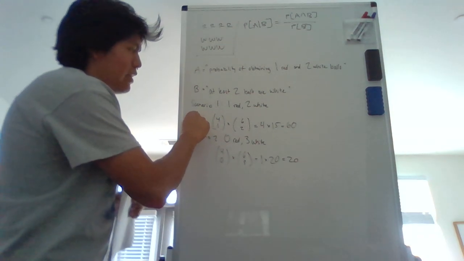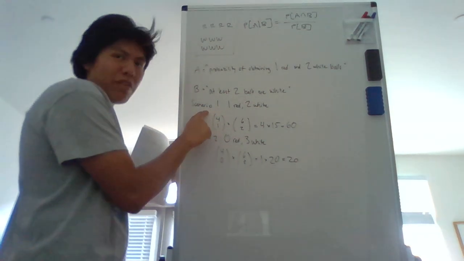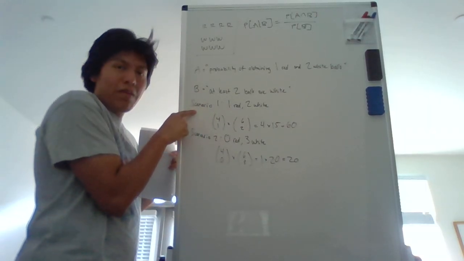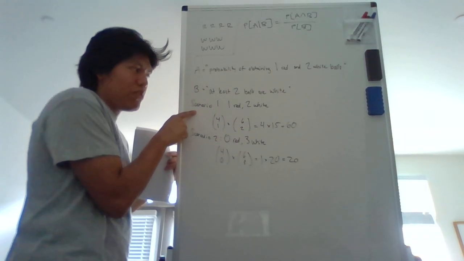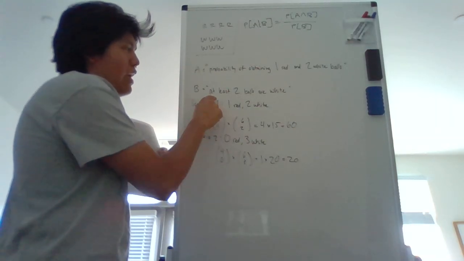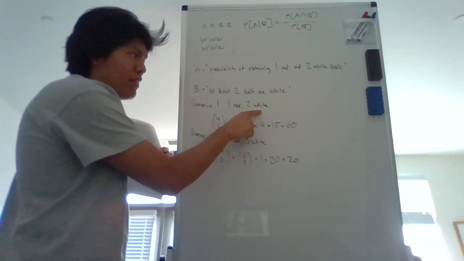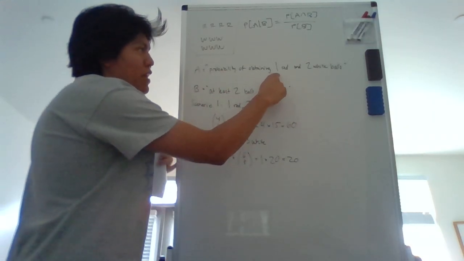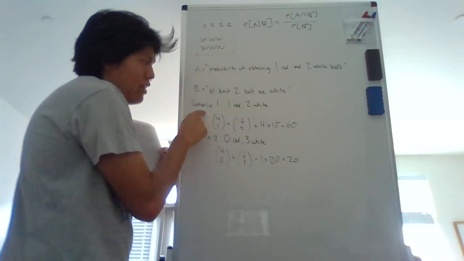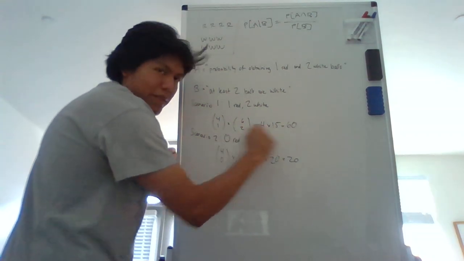When we were trying to find the probability of B, and we thought about the scenario where we pull 1 red and 2 white, at least 2 of the balls are white. We got that right here. And the probability of obtaining 1 red ball and 2 white balls is what we solved for in this scenario.